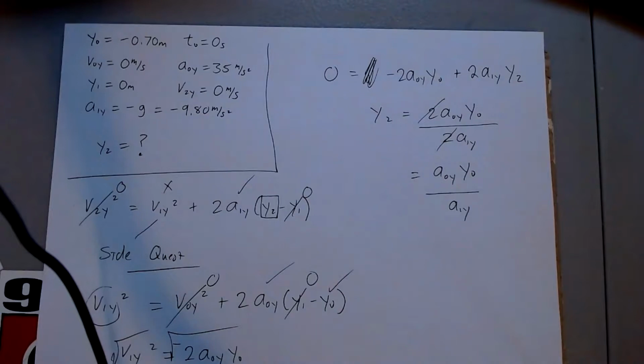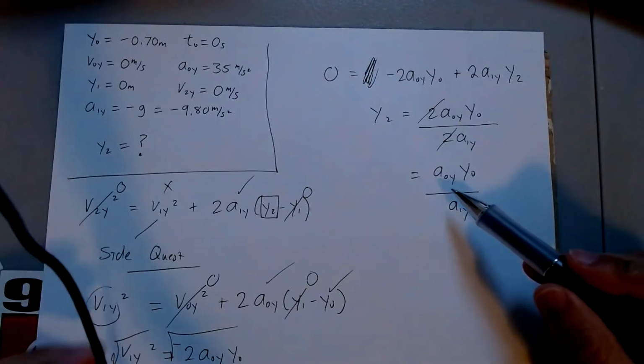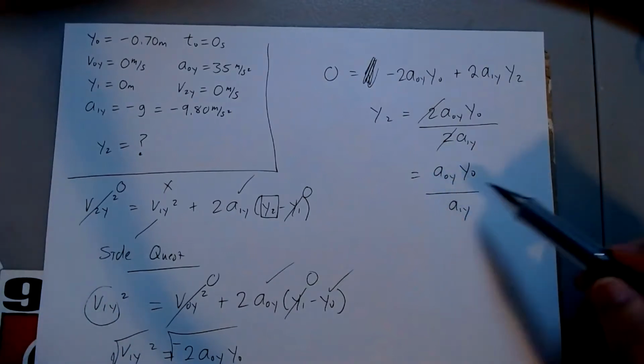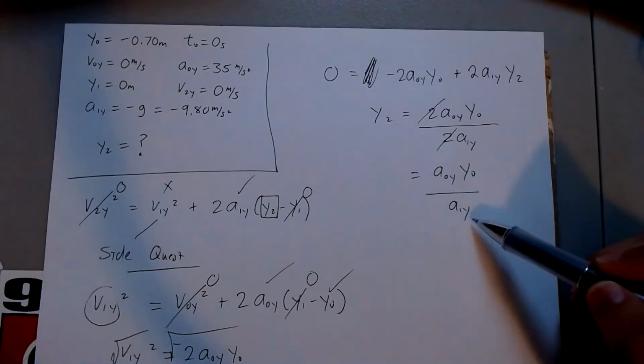Now let's plug in the numbers. A naught y is 35 meters per second squared. That's how the antelope accelerated as he was starting the jump. Y naught is negative 0.7, and a1y is negative 9.8 meters per second squared.